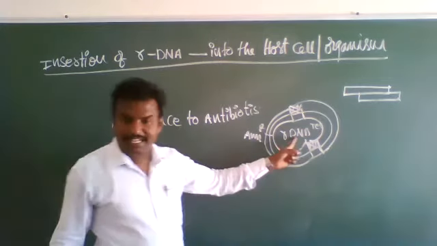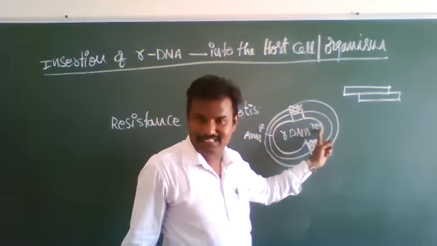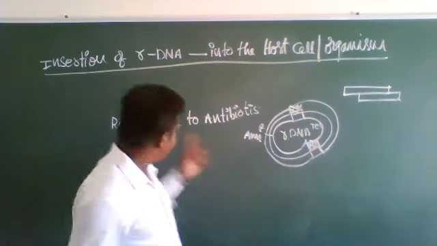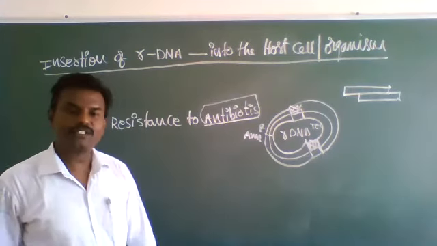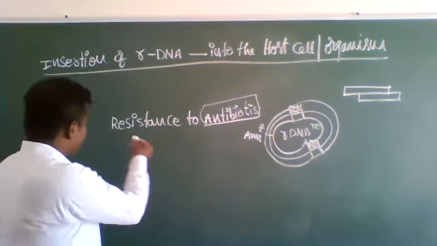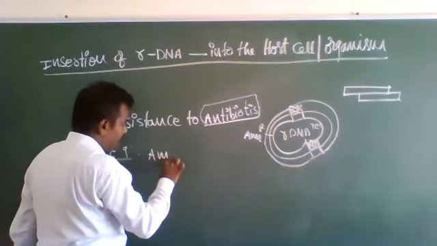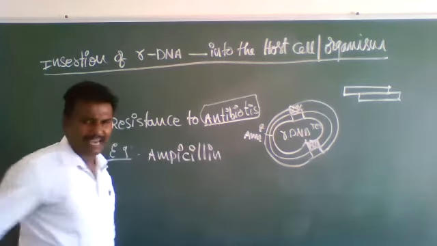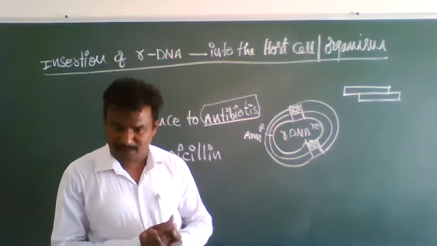So the recombinant DNA bearing a gene is recombinant DNA containing a gene for what? Resistance to antibiotics. So here, for example, the recombinant DNA contains ampicillin resistance power.